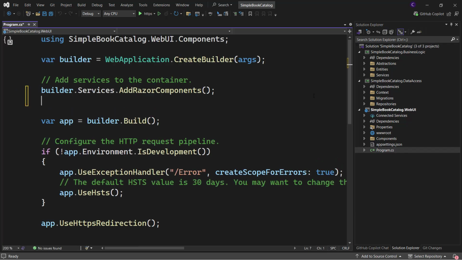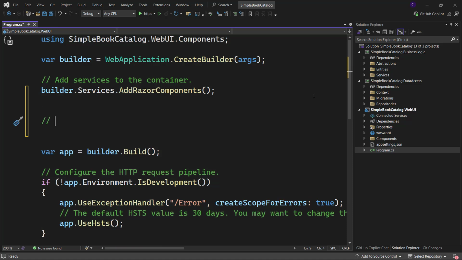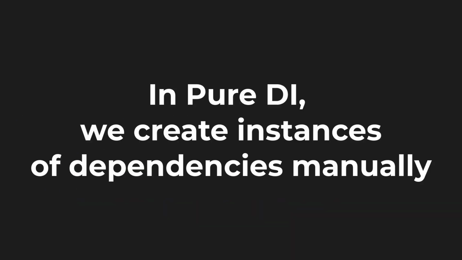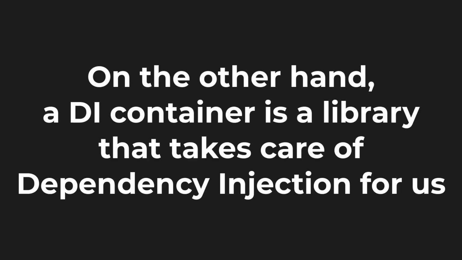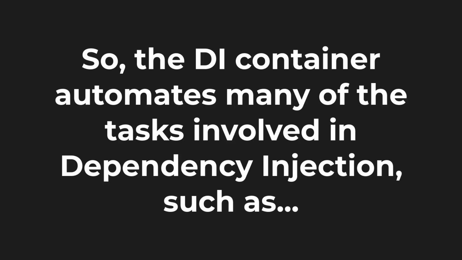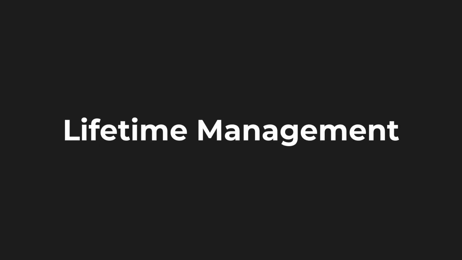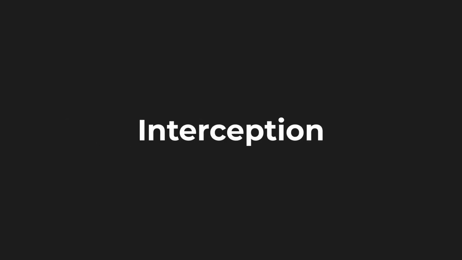A composition route can be implemented either using pure dependency injection or using a dependency injection container. In pure DI, we create instances of dependencies manually. On the other hand, a DI container is a library that takes care of dependency injection for us. So it automates many of the tasks involved in dependency injection, such as object composition, lifetime management, and interception.